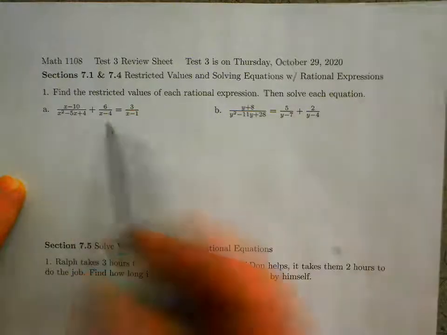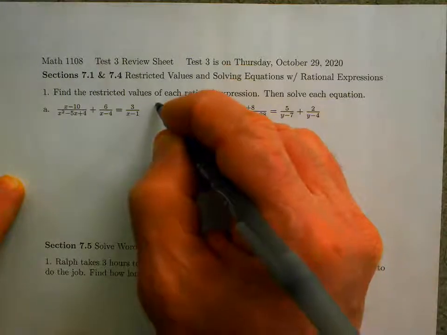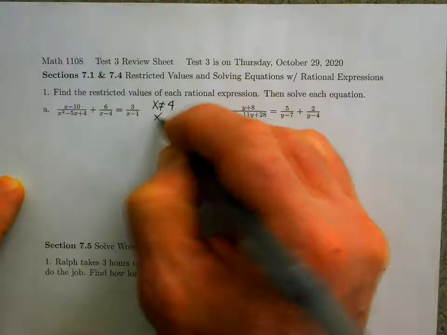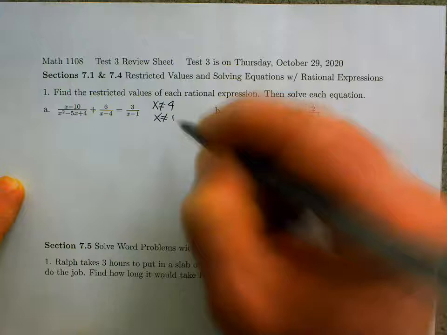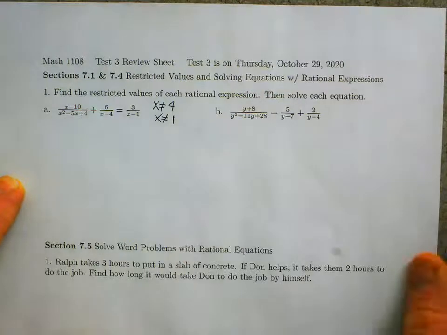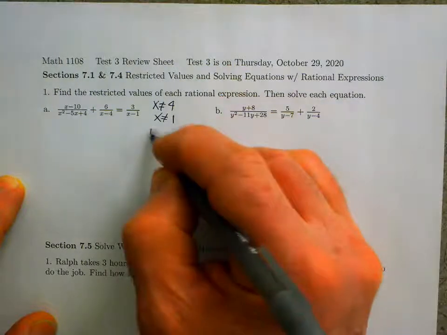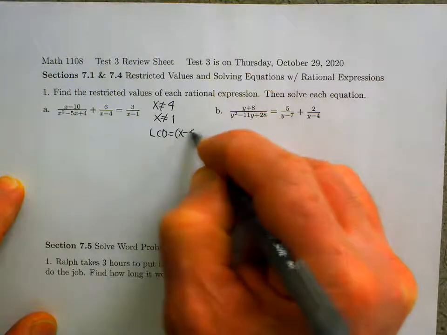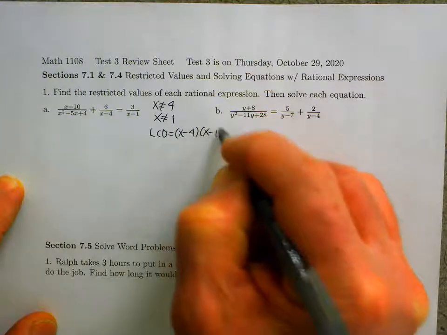There are only two restricted values. One is positive 4, the other one is positive 1. And the least common denominator in factored form is x minus 4 times x minus 1.